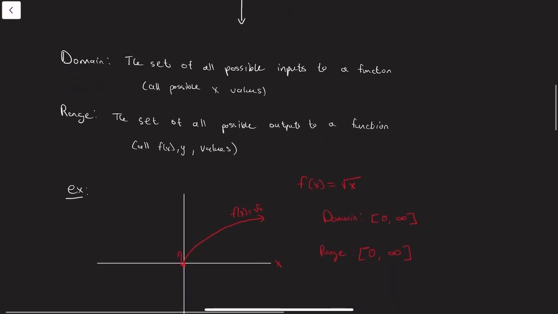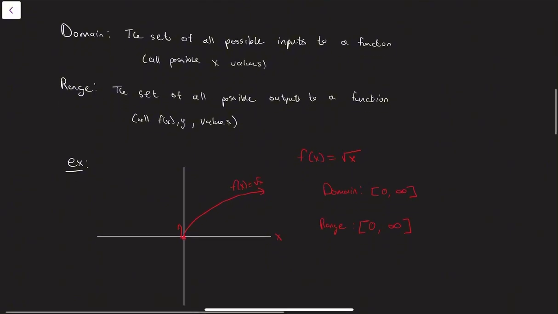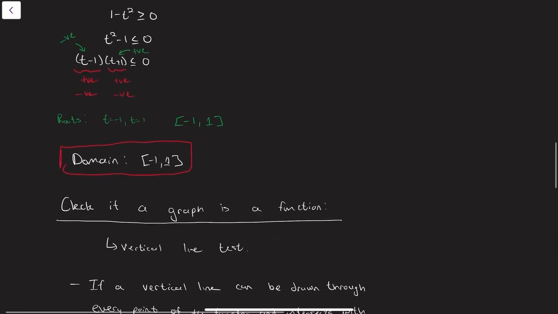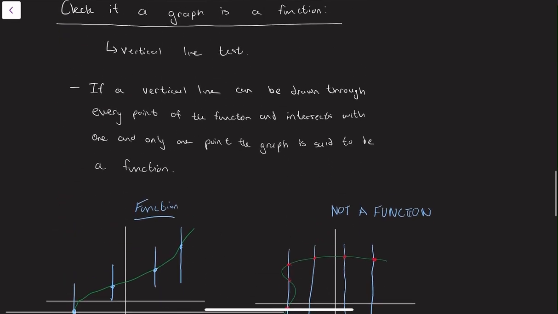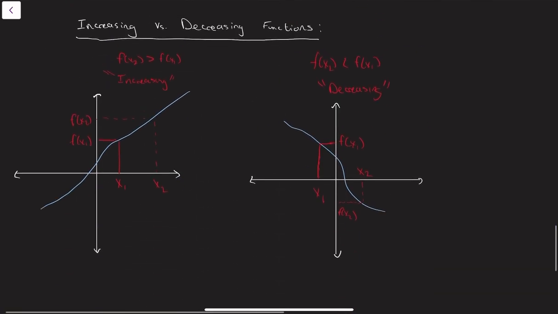We talked about domain and range. So domain being the set of all possible inputs to a function, and the range being the set of all possible outputs to a function. And then we touched on the vertical line test, so how to define if a graph is a function versus not a function. And lastly, we gave a formal definition for increasing versus decreasing functions.